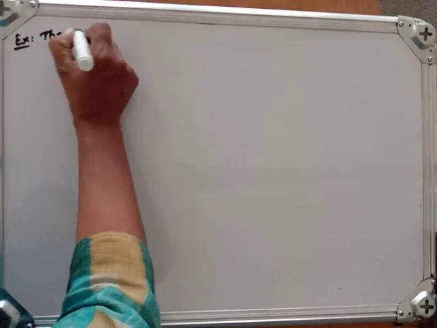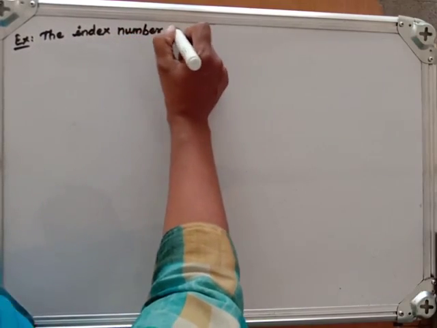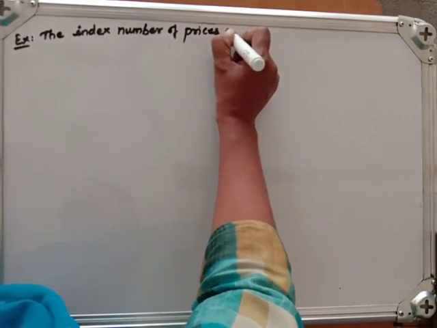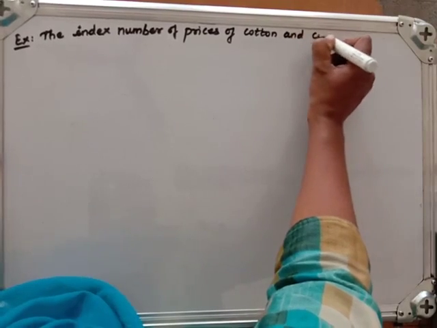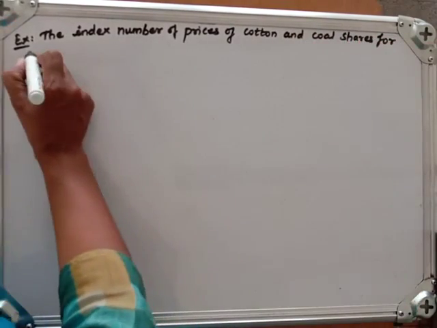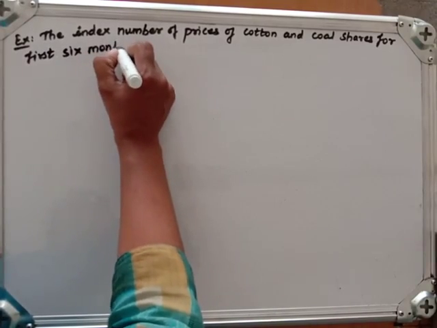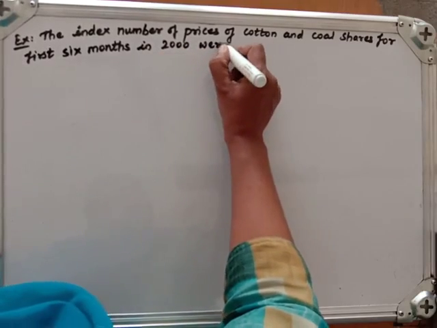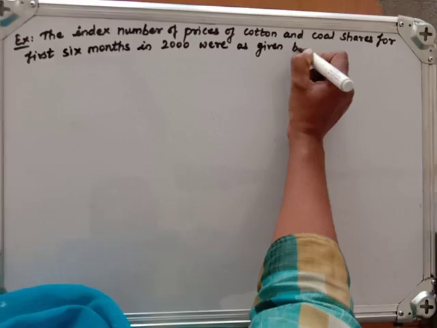The index number of prices of cotton and coal shares for the first 6 months in 2000 were as given below.